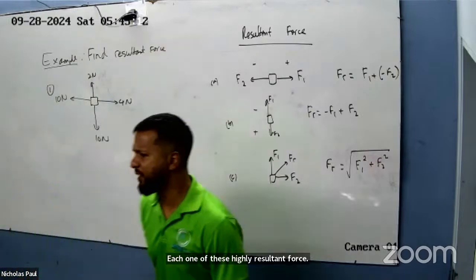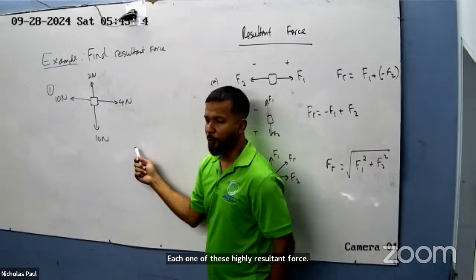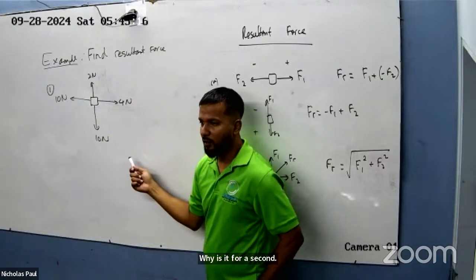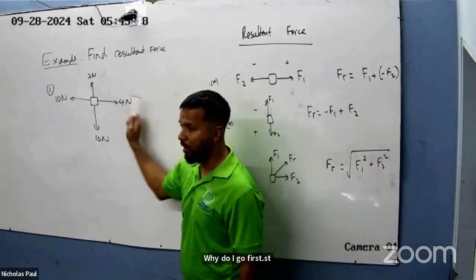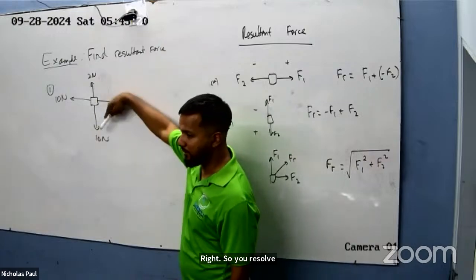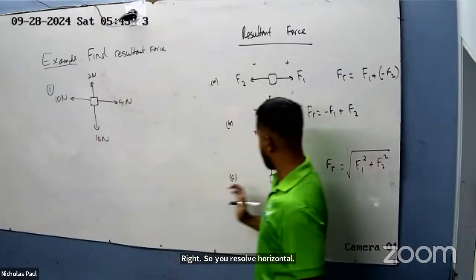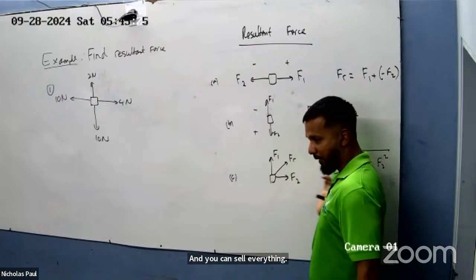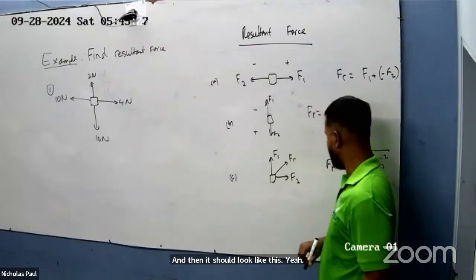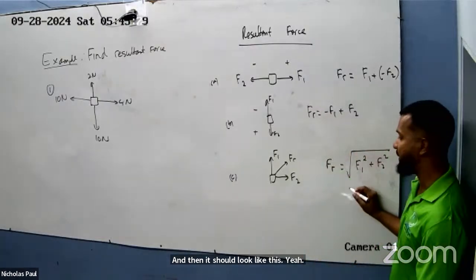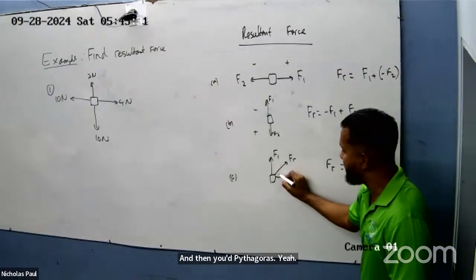What do you do first again? What do you do first? Right, so you resolve horizontally first, then you resolve vertically, and then it should look like this. And then you use Pythagoras. One thing missing here is this. You've got to be able to find alpha, right?